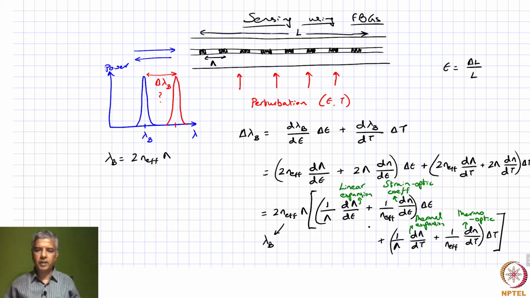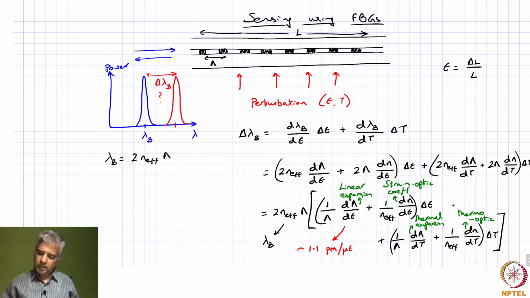And of course you can quantify this for the case of silica, and what you find is for silica, this works out to be approximately 1.1 picometer per microstrain. So that's the coefficient if you plug in the coefficient for the linear expansion as well as the strain optic coefficient.